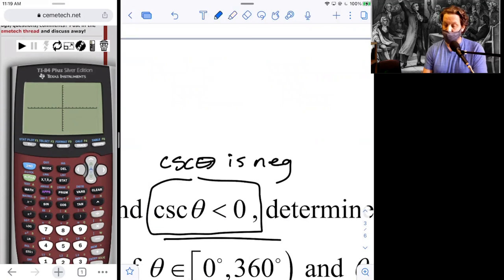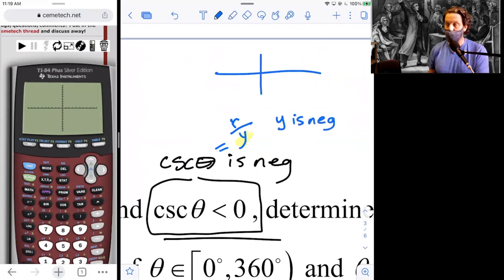But I'm going to look at this. Cosecant is negative. Now, what's the definition of cosecant in terms of x, y, and r? This is why it's important. Cosecant is r over y. You got to have that memorized. R is always positive. So if the cosecant ratio is negative, it's because y is negative, yes? And now look at this. Draw your little coordinate plane.